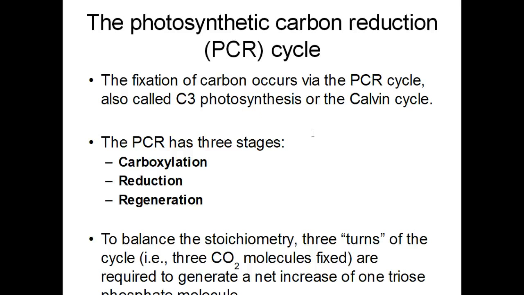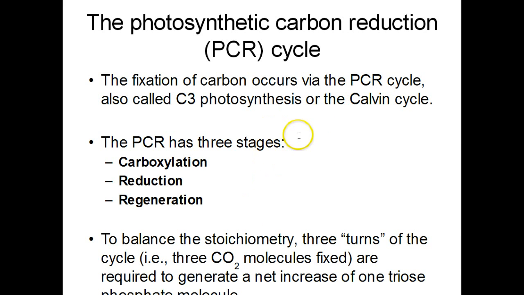And we're going to talk about now how plants take CO2 and reduce it finally to carbohydrate. It is the reduction cycle, PCR cycle. It is the Calvin cycle.